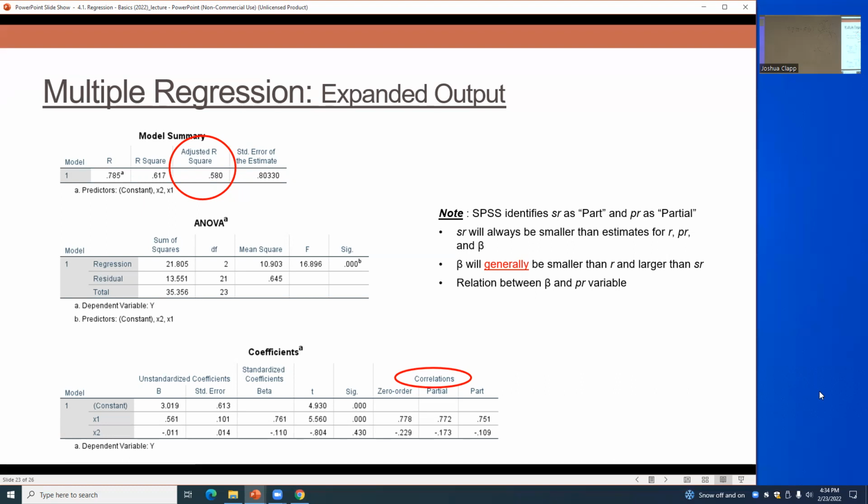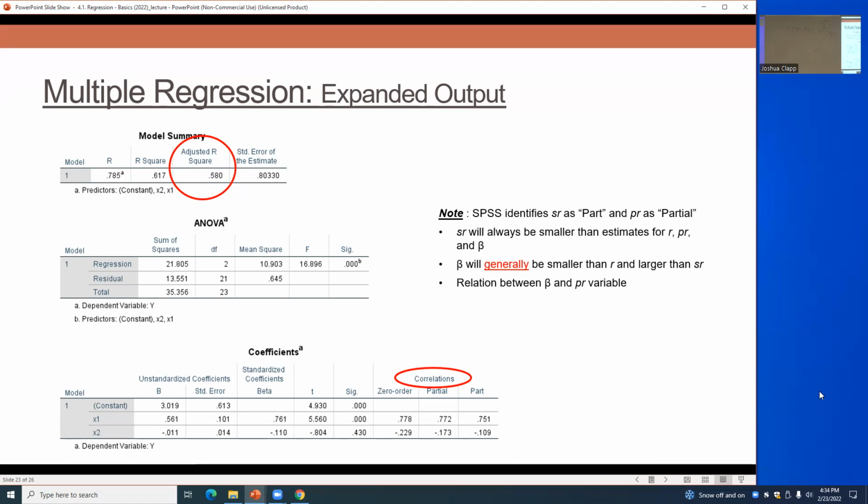Now, sometimes things can get weird with suppression effects, and I can get a standardized coefficient that's larger than my bivariate association or in the opposite direction. That's kind of weird, so I need to keep that in mind.